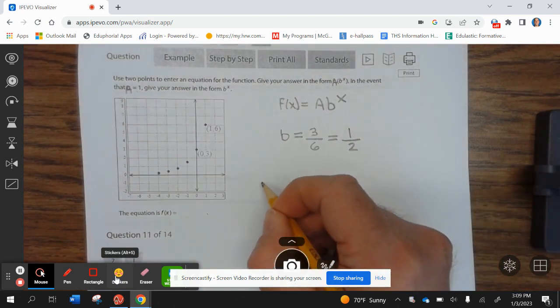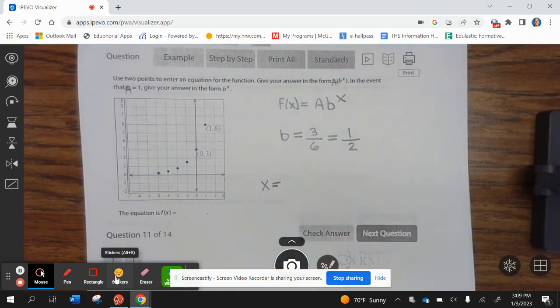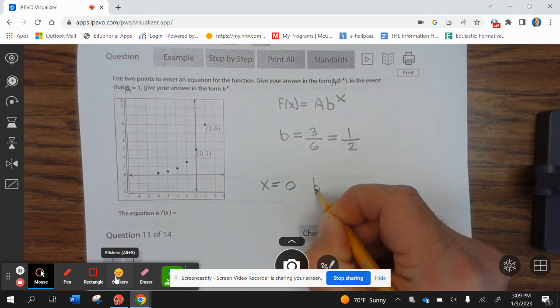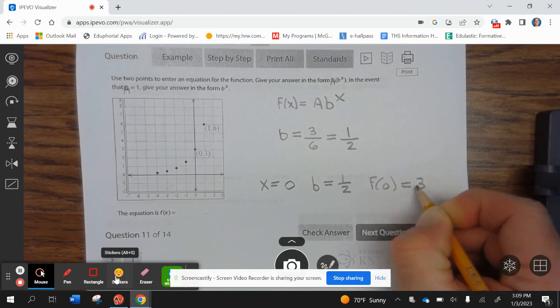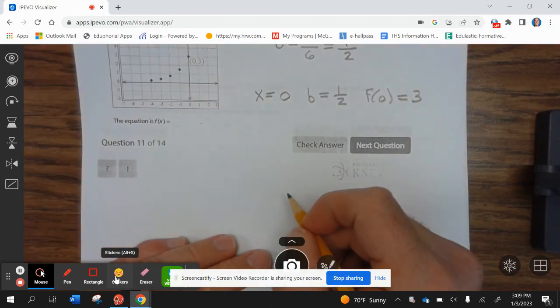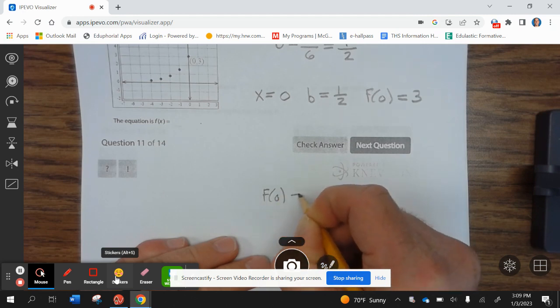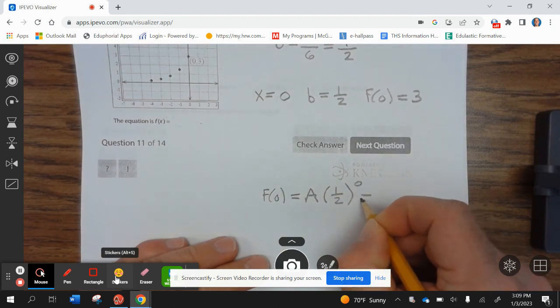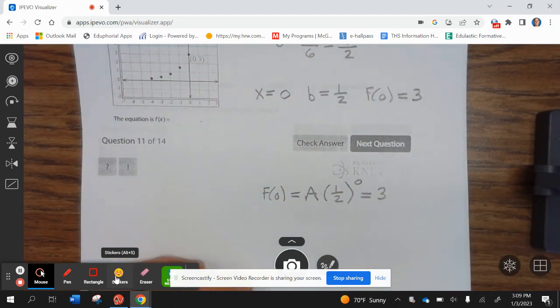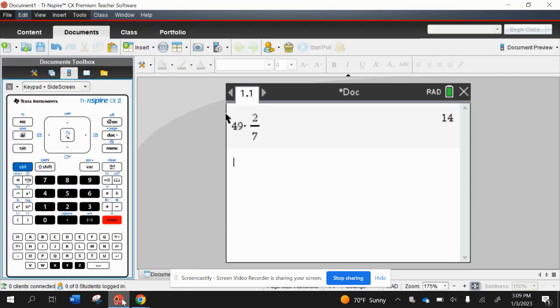Now we're going to use x equals 0. We know b equals 1/2, and we know that f of 0 equals 3. And we're going to find a. So f of 0 equals a times 1/2 to the 0 power equals 3. Well, we need to find out what 1/2 to the 0 power is, so we're going to do parentheses, Control Divide 1 divided by 2 to the 0 power is 1.